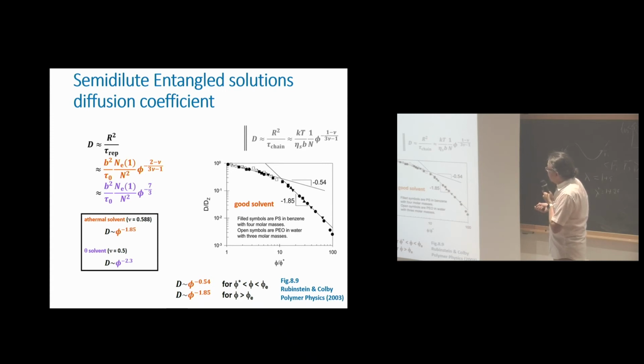The diffusion coefficient of reptation is the diffusion of the chain over its size R over the time scale of tau reptation, so we can calculate the concentration dependence for a good solvent and for a theta solvent to have different concentration dependence. I show you the same graph. We saw this for an entangled solution, and here this is the entangled semi-dilute part, so basically it should scale as minus 1.85. Depending on the concentration, the diffusion coefficient shows different concentration dependence.